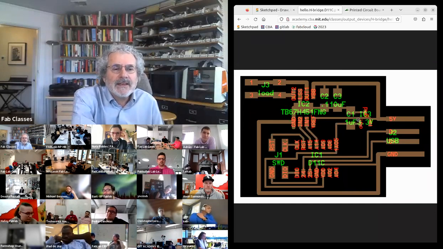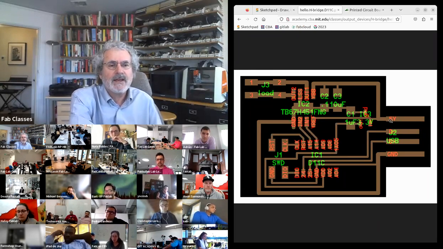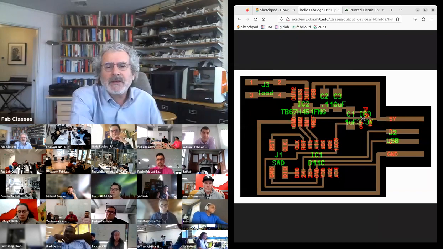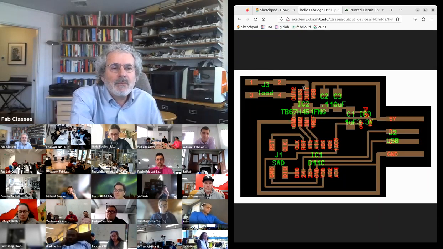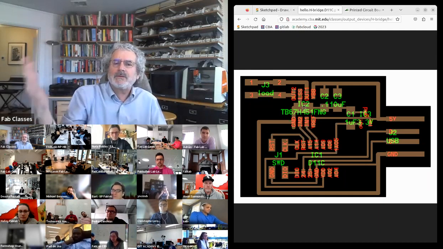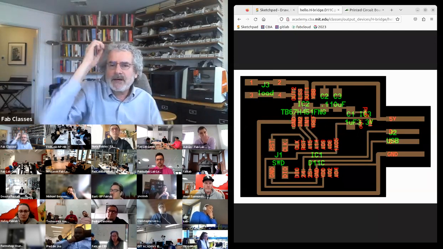Then the other thing is this capacitor. So this processor runs at 3 volts. USB is giving me 5 volts. This capacitor is for the regulator, 1 microfarad. But you'll see I have a 0.1 and a 10 right next to it. When this switches, when the H bridge switches, there's a glitch in the power supply.